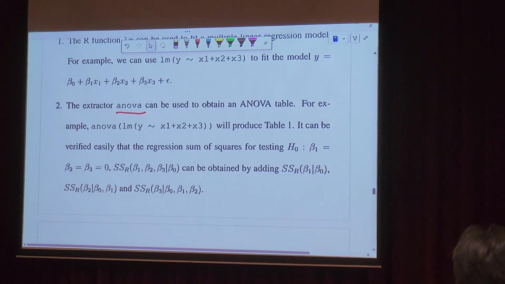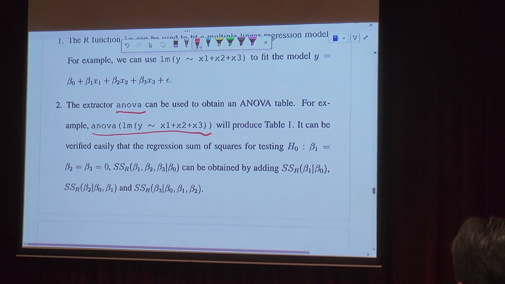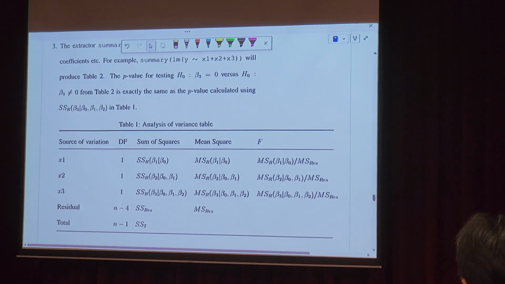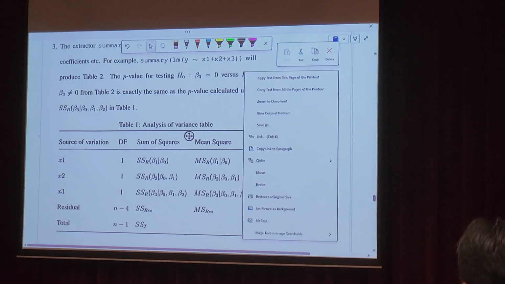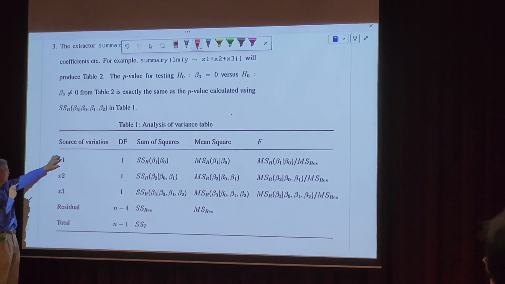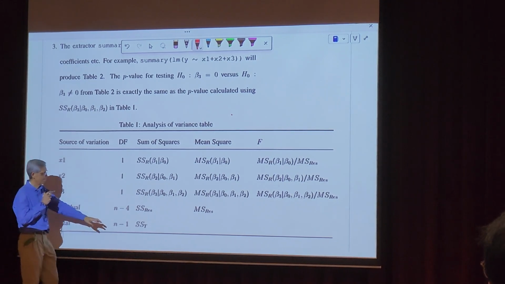This ANOVA statement will produce table 1. Let's look at table 1. You see exactly what it is. If you do that, you will see x1, x2, x3, residuals, and the corrected total here.